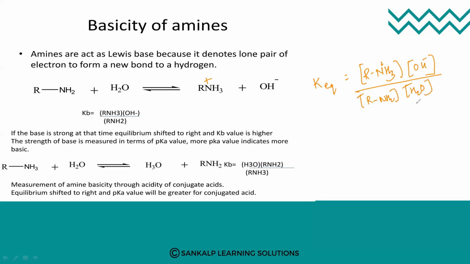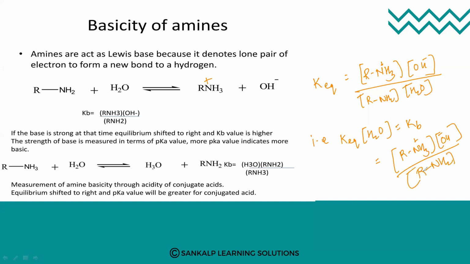This is the equilibrium. Therefore, if you take K equilibrium times water, what will be the Kb? The Kb is given as RNH3 plus times OH minus, divided by RNH2. So this is our equilibrium constant.